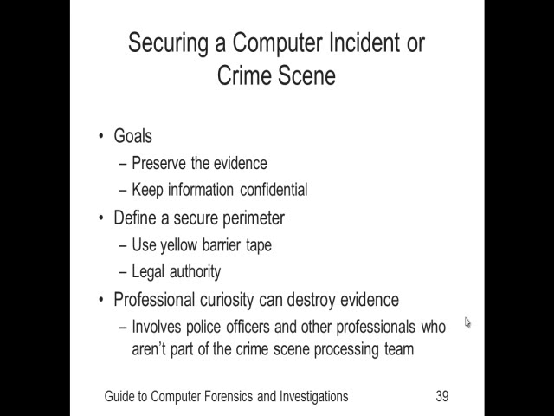Professional curiosity can destroy evidence. It involves police officers and other professionals who aren't part of the crime scene processing team. So it's best that they not be involved or go near the evidence.